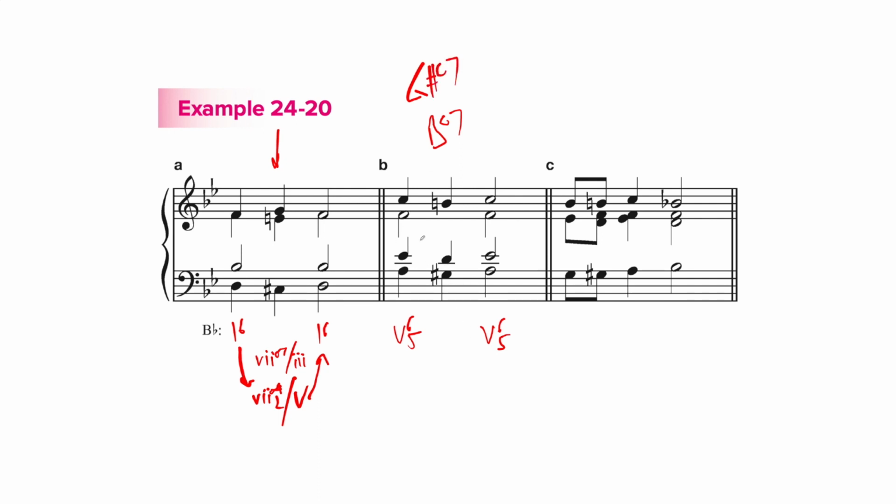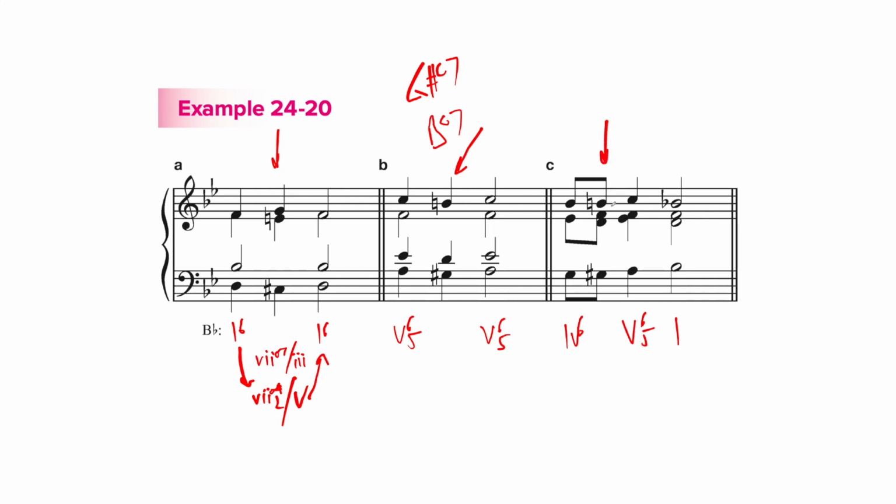It wouldn't change anything. You can try it, but you will not find any Roman numeral for this chord which gives a satisfying harmonic progression. It is also true for this one. We have 4 in first inversion, and here we have 5, 6, 5, and then the tonic chord.